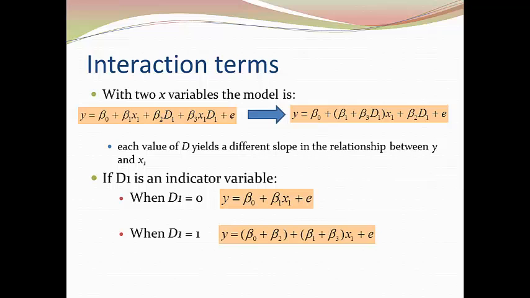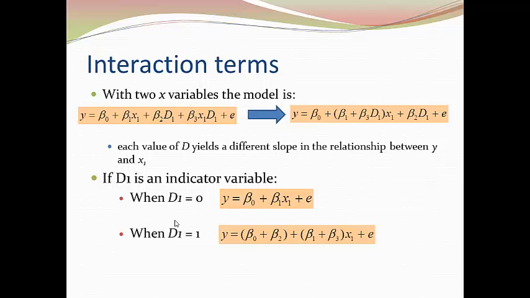So if groups are gender, male or female, I'm showing the change in whatever my x1 is, let's say age, change in age associated with gender. That's what my interaction term will allow me to do. And we can see that here. If my dummy variable takes a value of 0, then my interaction term is not triggered. There will be no change in my intercept, and there will be no change in my slope.